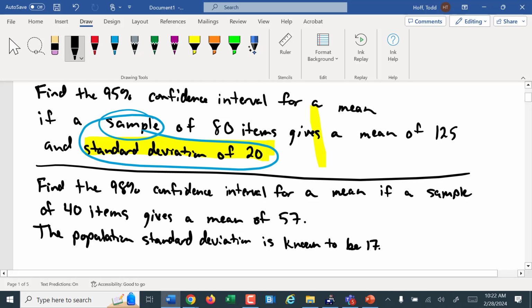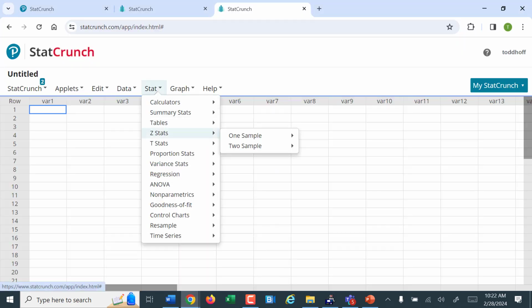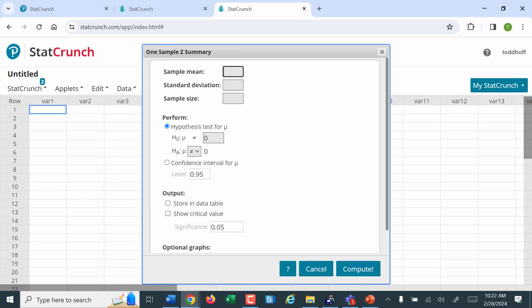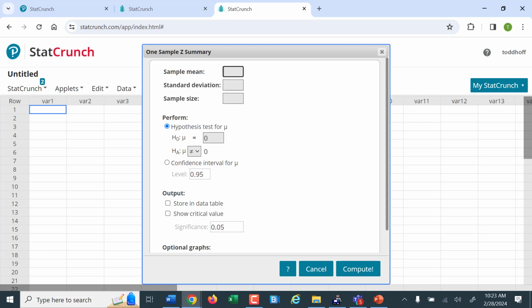So now, if we go into StatCrunch, look at Stat, Z-stats, one sample again with summary. We don't have all the individual data values. Our sample mean, I'm going to go back to the problem here, make sure I got it right. Mean was 57, standard deviation of 17, sample size of 40. So mean of 57, standard deviation of 17, 40.